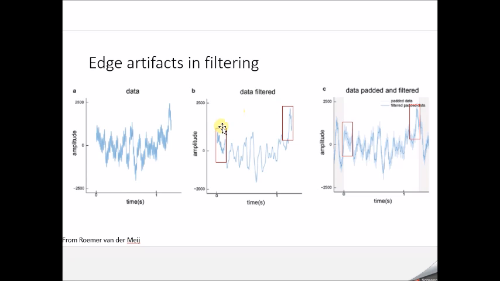The theoretical duration of this edge artifact is half of the filter length. So earlier when we designed the filter that was 500 samples in length, that edge artifact on each side would be 250 milliseconds. The reason for this is that if we align the filter kernel so that its center is 250 milliseconds into the signal, then it will span the signal completely, and so there shouldn't be any artifacts.